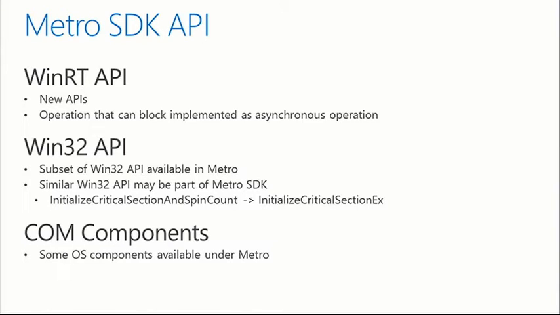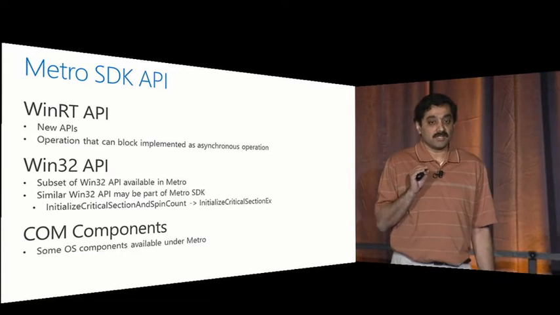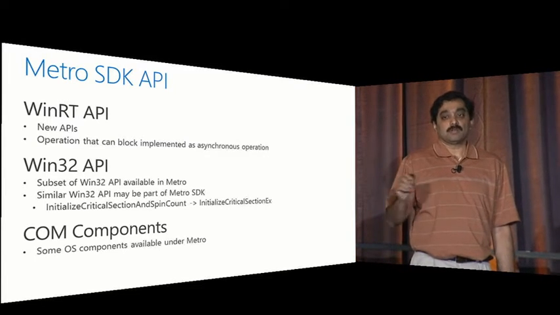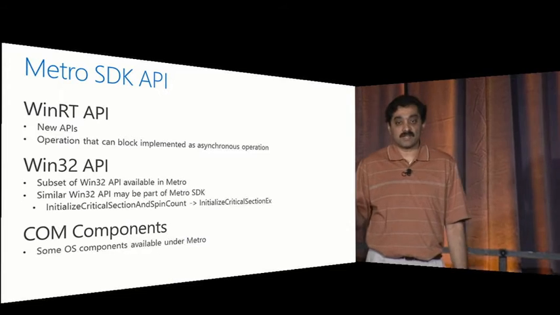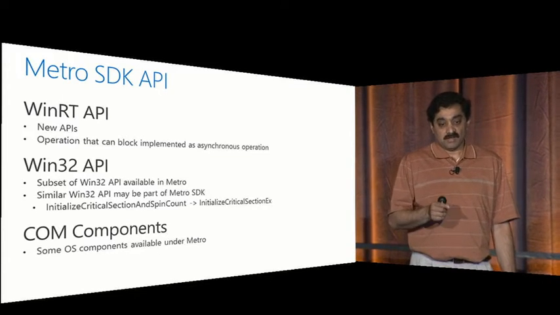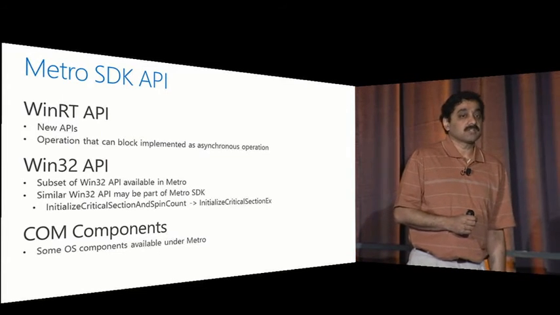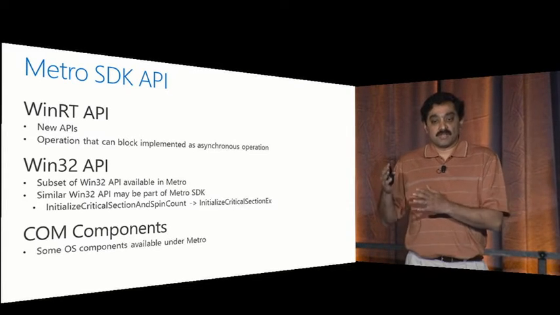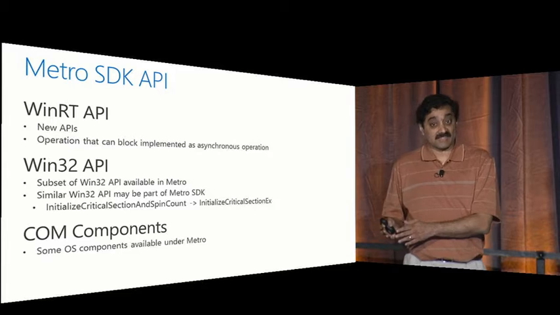The second set of APIs are the Win32 APIs that you already know. A lot of them are available in Metro. And the one interesting thing to note is if an API is not available, look to see if there's a similar API that is available in the Metro SDK. An example there is InitializeCriticalSectionAndSpinCount. It's not available in the Metro SDK, but InitializeCriticalSectionEx is.